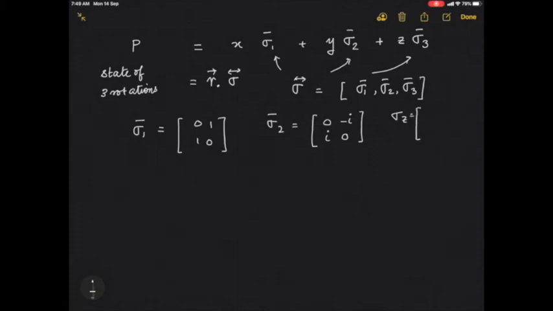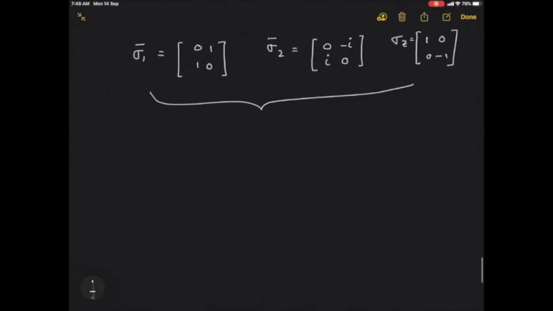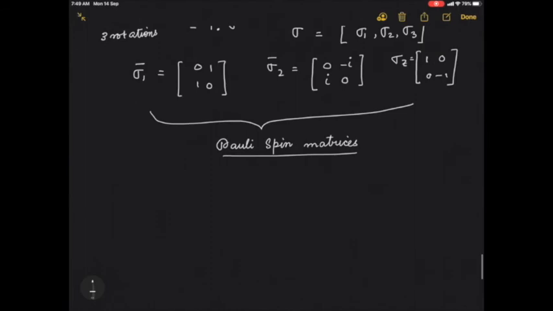If you have not identified them already, they have a name, and it will be clear later why they have a name like this. These are called Pauli spin matrices. Just consider this as a name for the time being. Hold on to your queries for a little while.